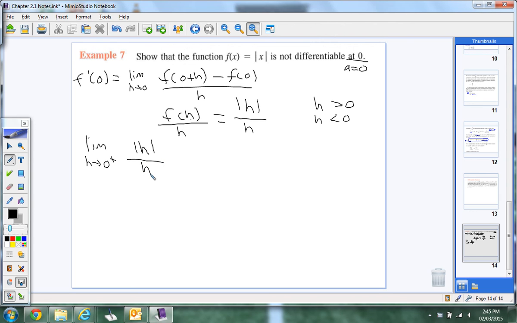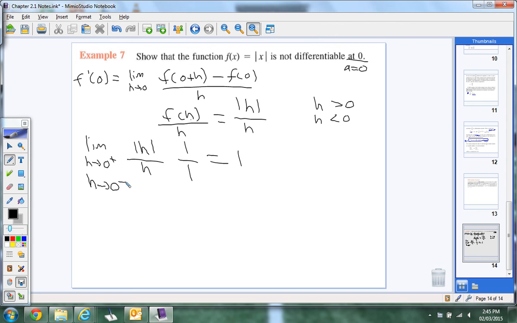So if I'm coming from the right, what's a number bigger than 0? 1. So if I put a 1 in, I'm going to get what? 1 over 1. If I put a 2 in, I'm going to get 2 over 2. If I put a 3 in, I'm going to get 3 over 3. So bottom line, the limit is 1 coming from the right. Right? So coming from the left, give me a number smaller than 0.